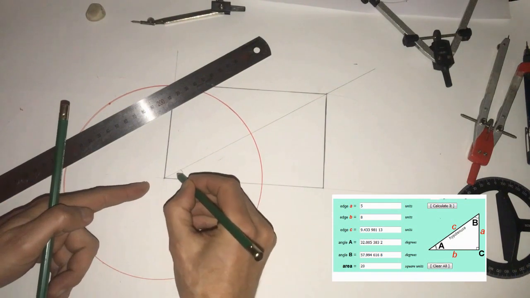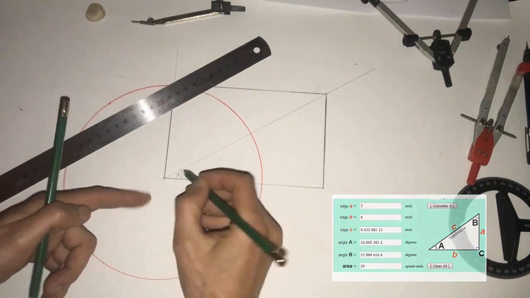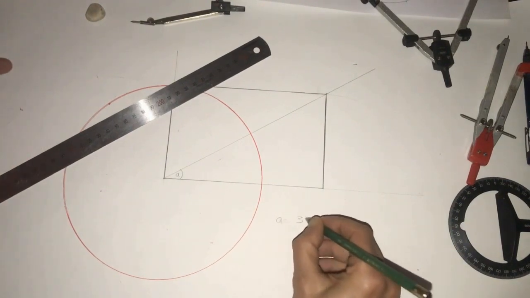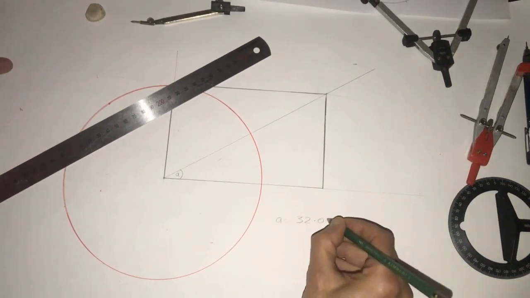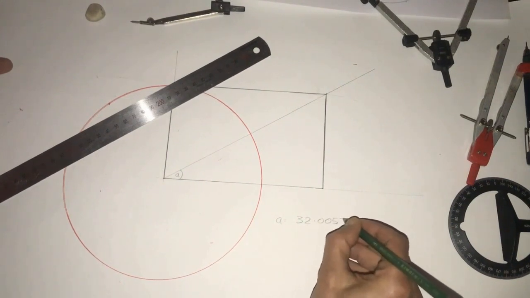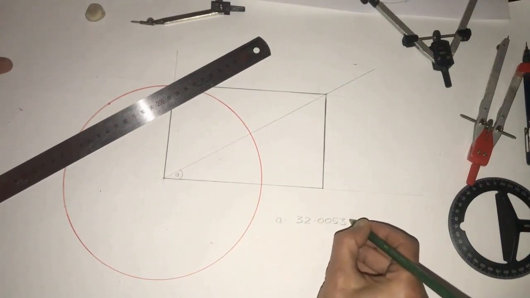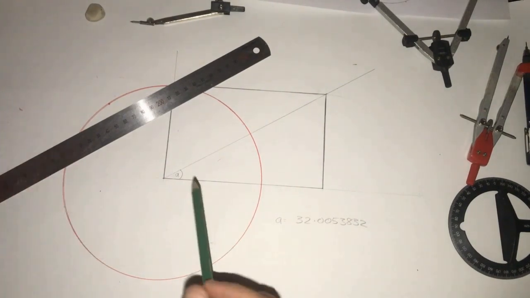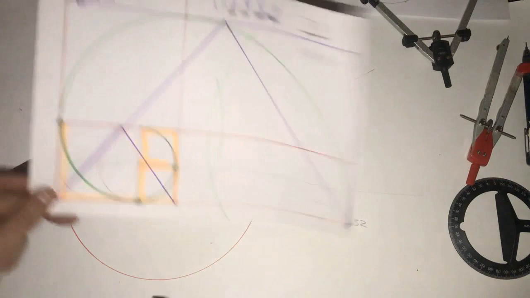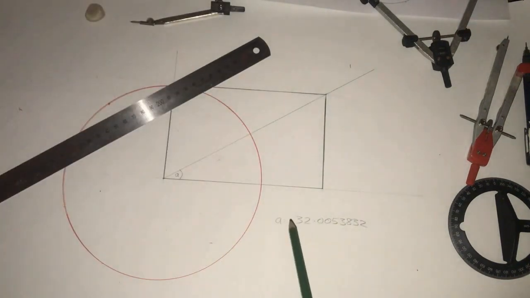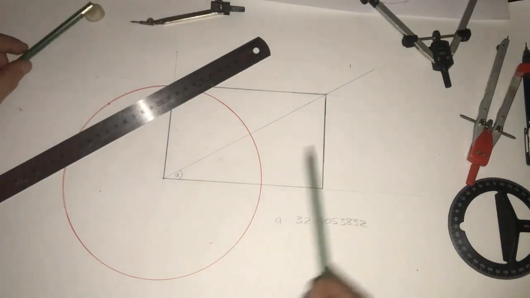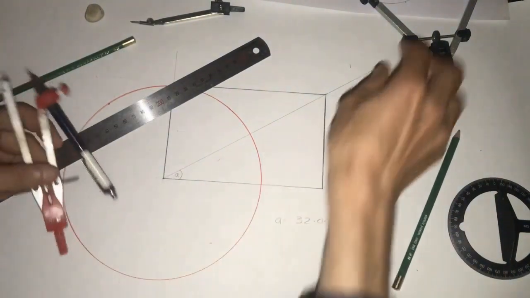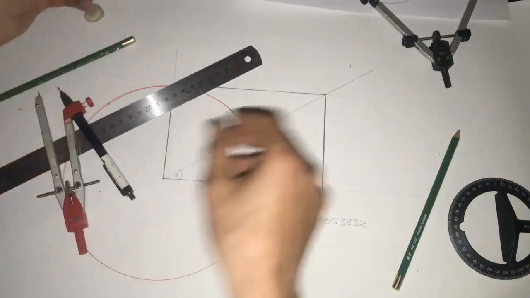Let's call this angle A. Angle A would be 32.0053832 degrees. So the 5 by 8 rectangle created by Menkaura Pyramid is 32.00583, etc.